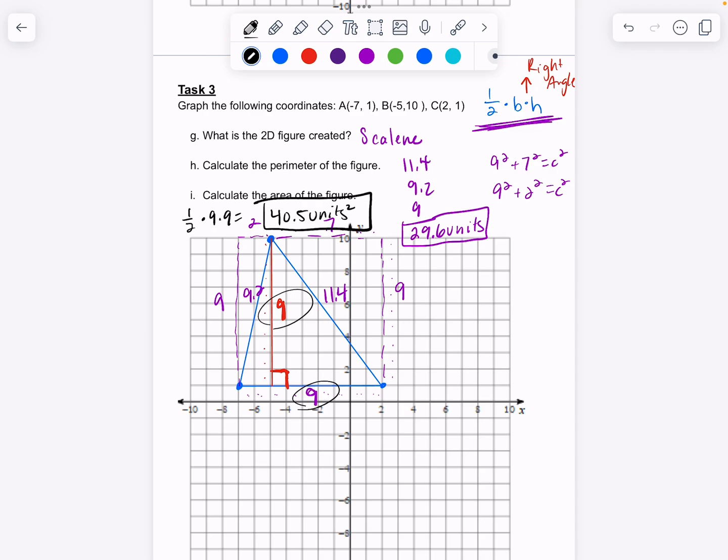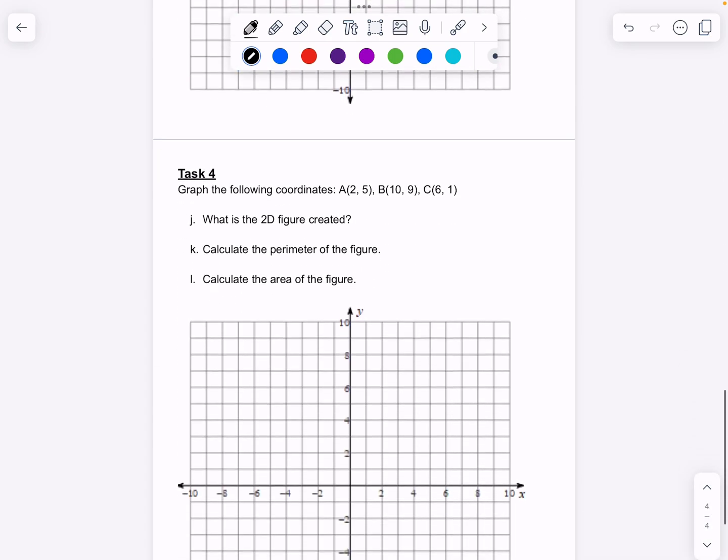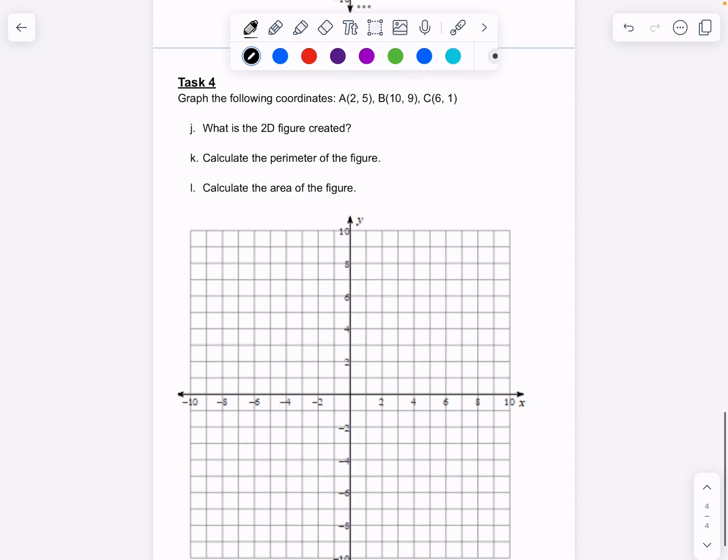So this trick is lovely. It just does not work for every single triangle. So I want to show you one where that does not work so you know how to handle that. So the last one of this video is, let me plot the points here, 2, 5. And then we've got 10, 9, and 6, 1.